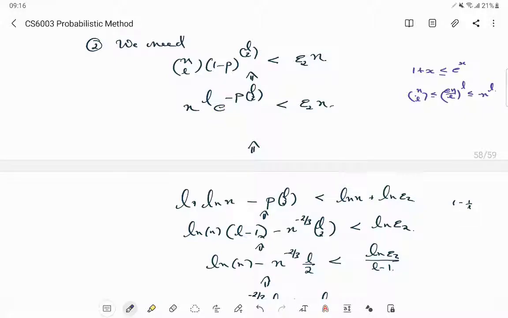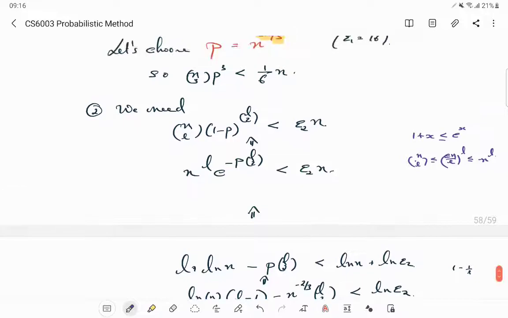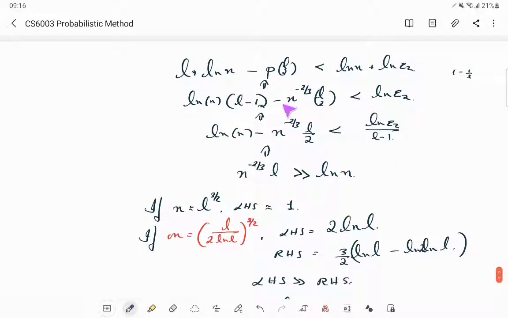And when you see a base like e, it's natural to think about the natural logarithm. So this would be L times ln of n minus p times L choose 2, and this has to be less than ln of epsilon 2 to the n. I split epsilon 2 to the n like this so that I can bring the ln terms together. Here there is an L and there is a minus 1 which comes here. That's why there is an L minus 1. And this p, I substitute with n to the power minus 2 by 3. That's what is happening here. And there is a ln epsilon 2.